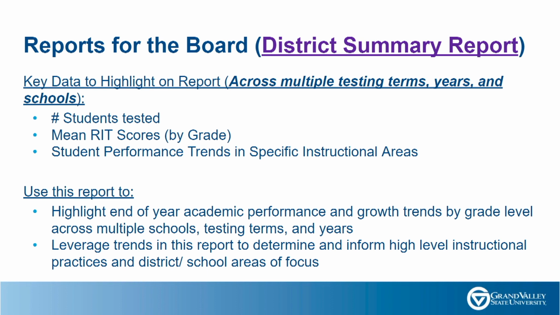This is going to help us to highlight end-of-year academic performance and growth trends by grade level across multiple schools, testing terms, and years. And again, this is going to help inform high-level instructional decisions or practices, as well as potential areas for the school district to shift focus or prioritize focus.